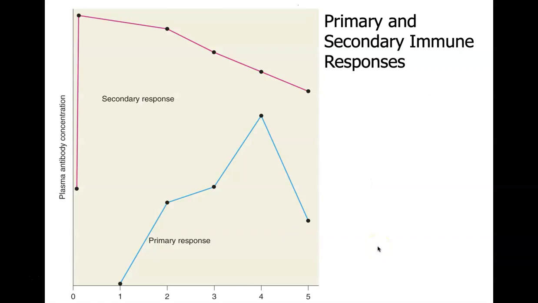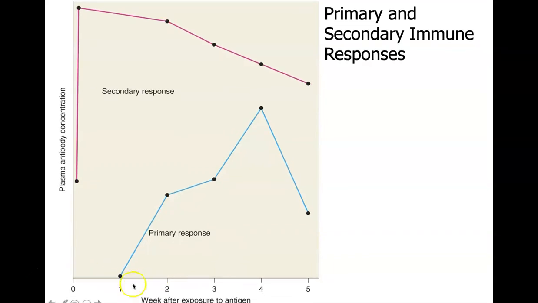Okay, so classically we see this as what's happening. The primary response comes a week or so after exposure to the antigen and increases, and then this varies widely depending on the kind of thing you're looking at, whether it's a virus or bacteria, and even the kind of virus. Whereas in secondary response, we see quick antibody increase and then a long, slow response over time.